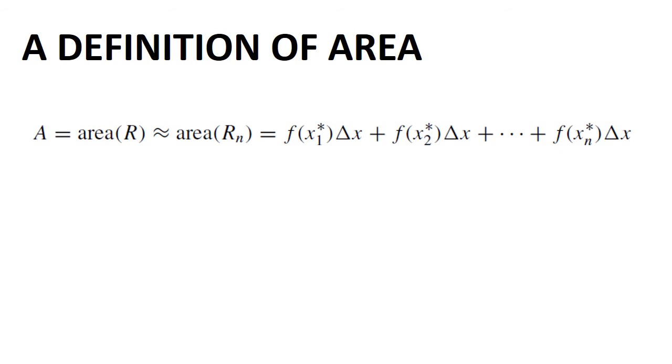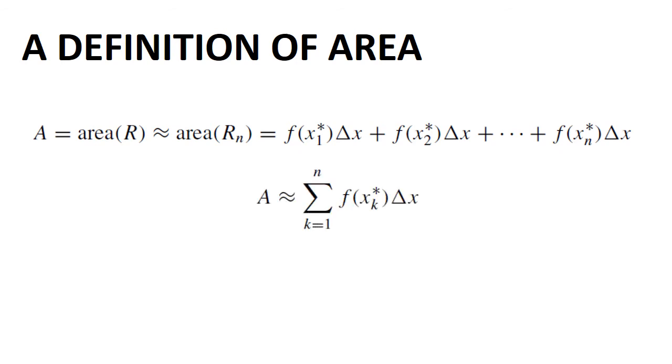So, the area of the shaded region R, or the under the curve ng y equals f of x, is approximately the area of Rn, where Rn is the sum ng area ng individual rectangles. And kaya nga natin pinag-aralan yung sigma notation or summation notation kanina is para magamit dito.